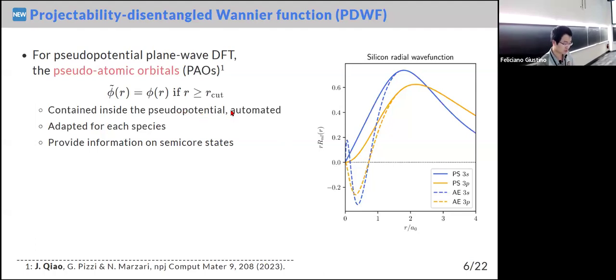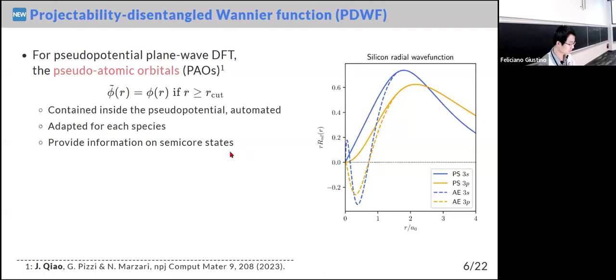For instance, if you want to compute projected bands, these are the orbitals used to get the projection coefficients. So we can use these orbitals to automate the initial projection of Wannier functions. It has the additional benefit that they are adapted for each species. That means for different elements, you have different radial functions. So intrinsically, they are better than the hydrogenic radial functions, which are just tailored for the hydrogen atom.